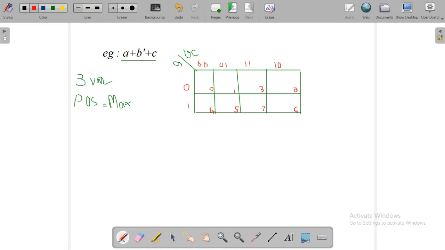Okay, next, write the variables or the literals, how we can do it. Max term means 1 should be negated, is it?